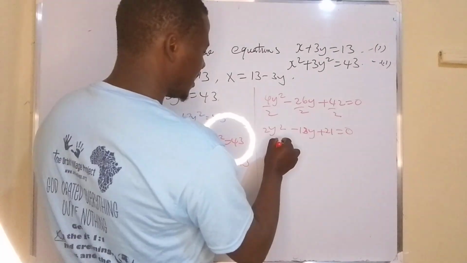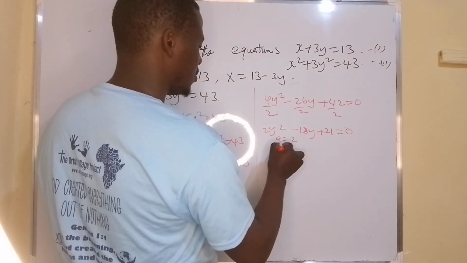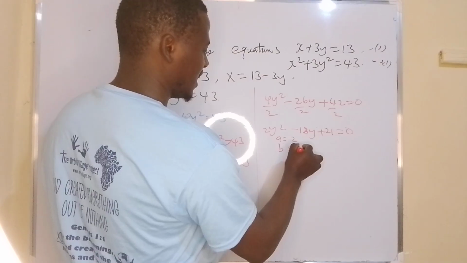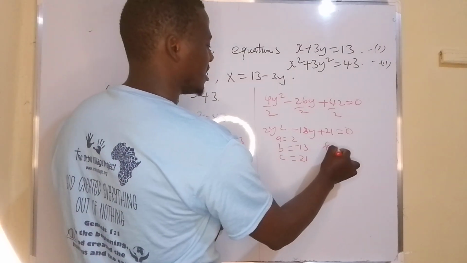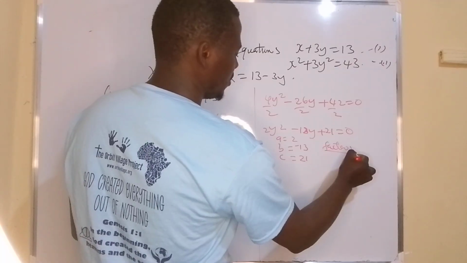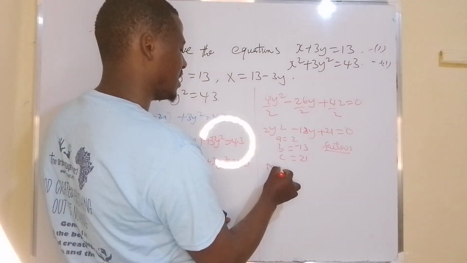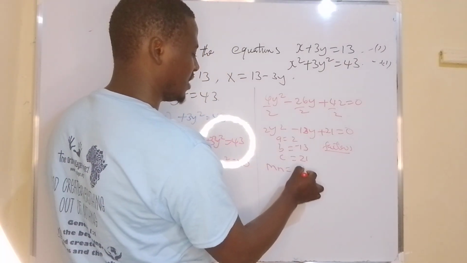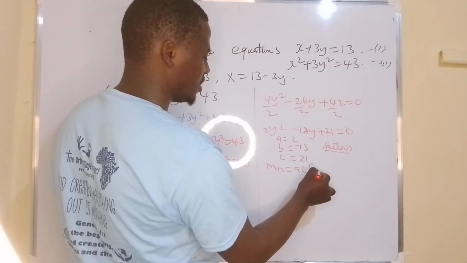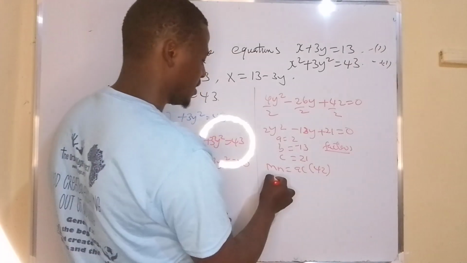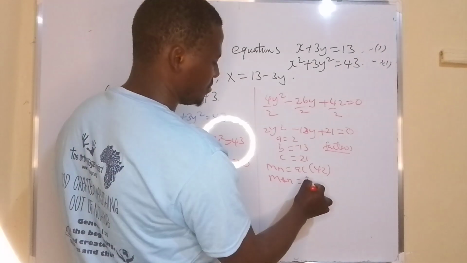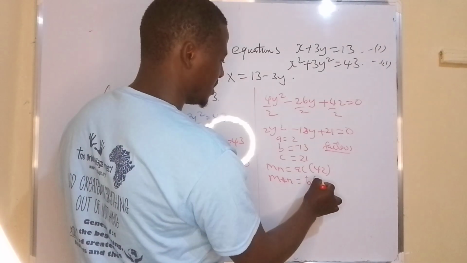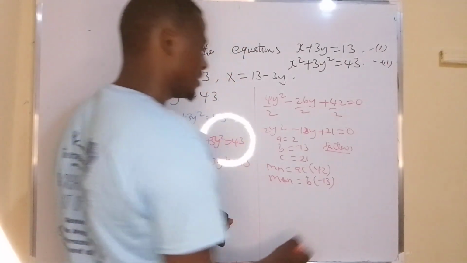So you have A as 2, you have B as negative 13, and C as 21. Factors, using the sum and product method once again. MN should give you AC, and our AC is 2 times C, which is 21, gives you 42, and M plus N should give you B, which is negative 13.